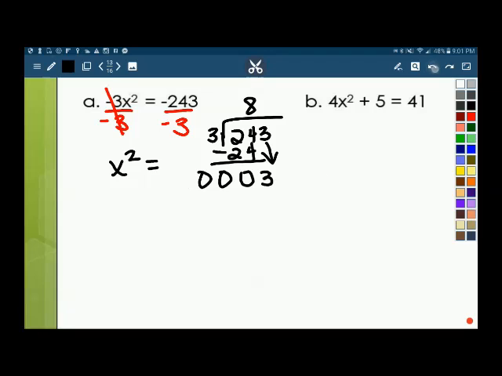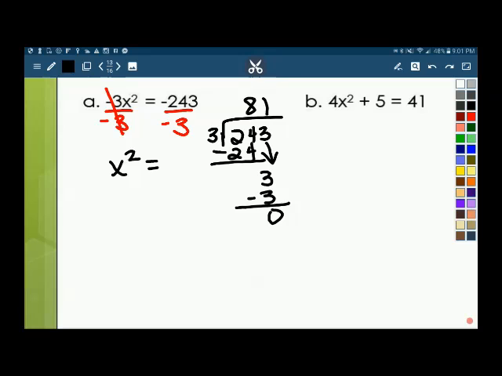We just don't necessarily have to write them. Okay, so I have how many times 3 can go into 3? That would be 1. 1 times 3 is 3. Do the subtraction. Again, we get a remainder of 0, and I have no other numbers that I have in 243.